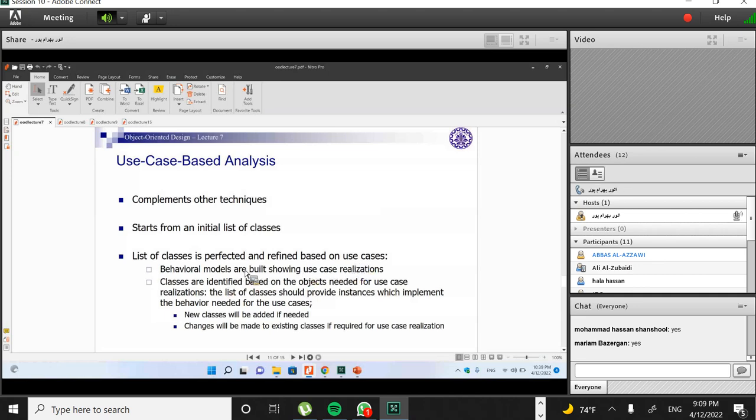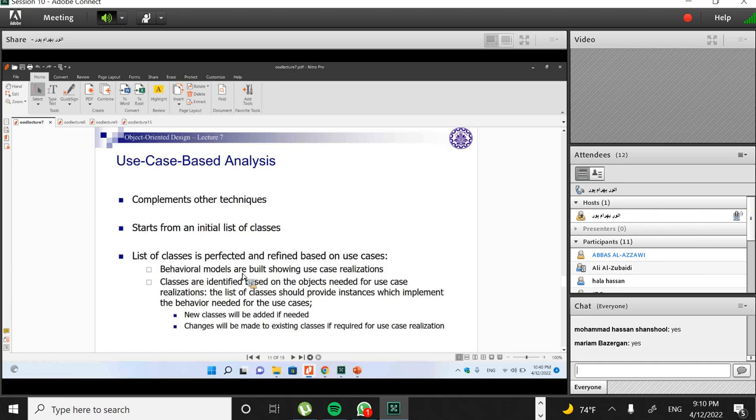ATM case study. Some behavioral models, such as an activity diagram, if you are familiar with them, or a sequence diagram in UML, are built to show use case realization. For realizing use cases, we can use some behavioral models to define our processes, to define our scenarios in our project.